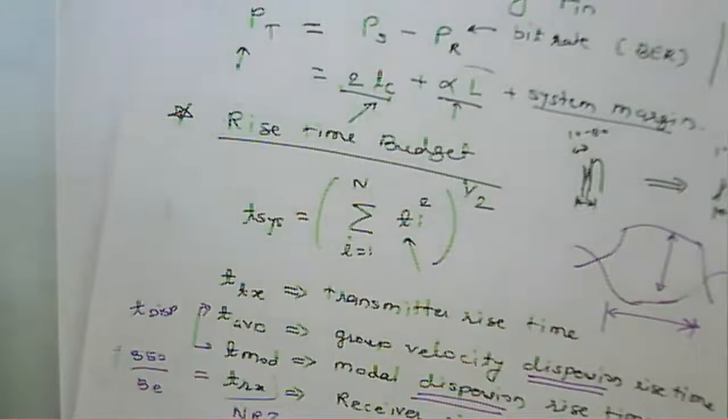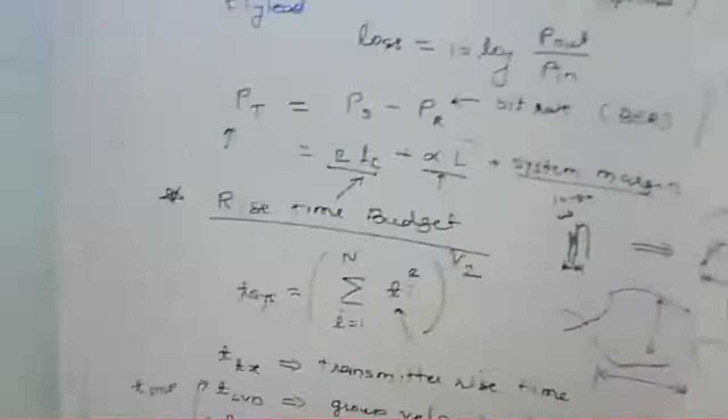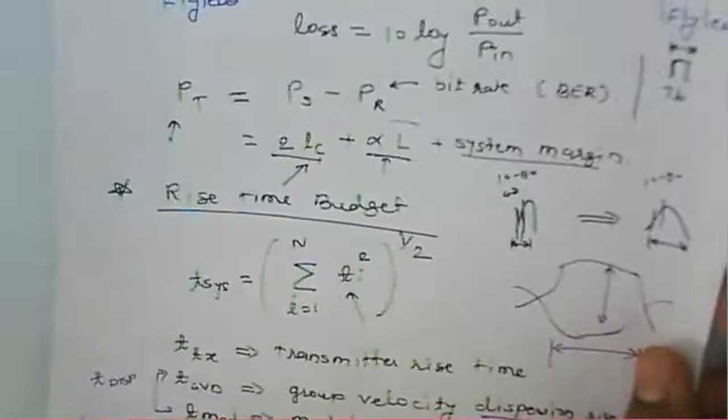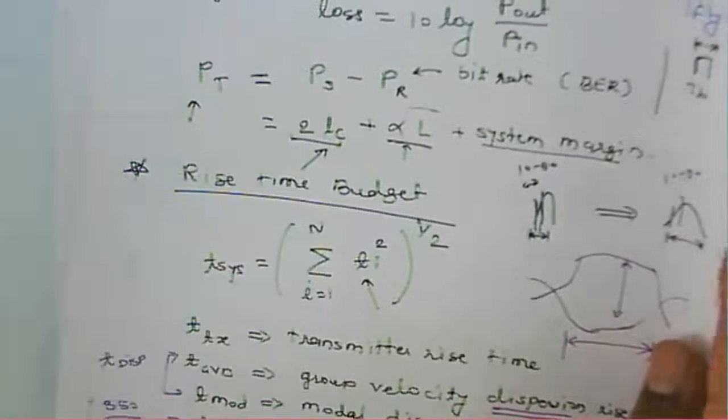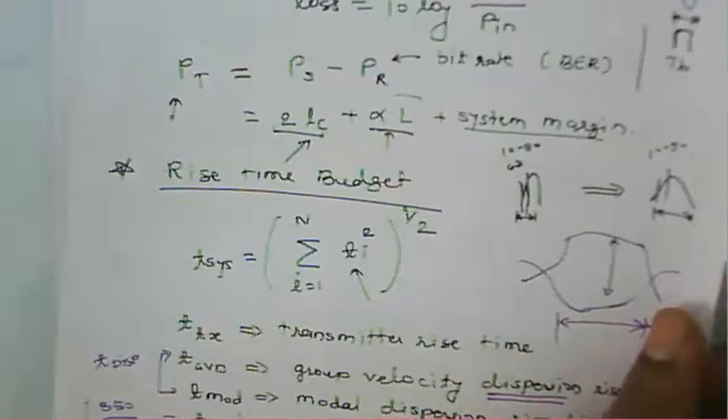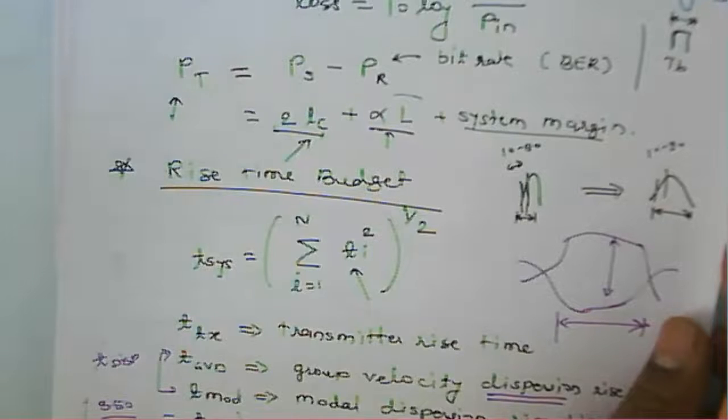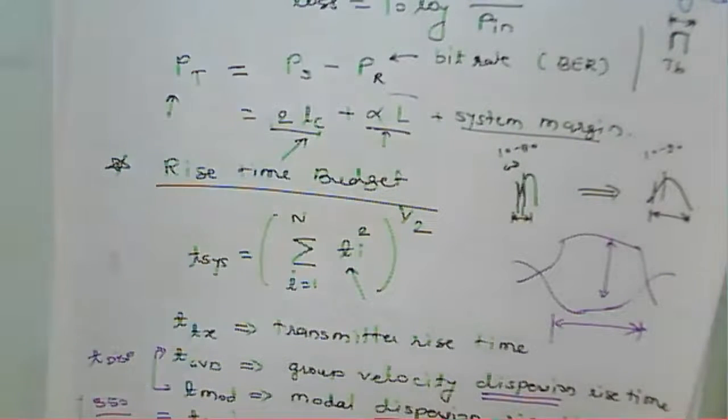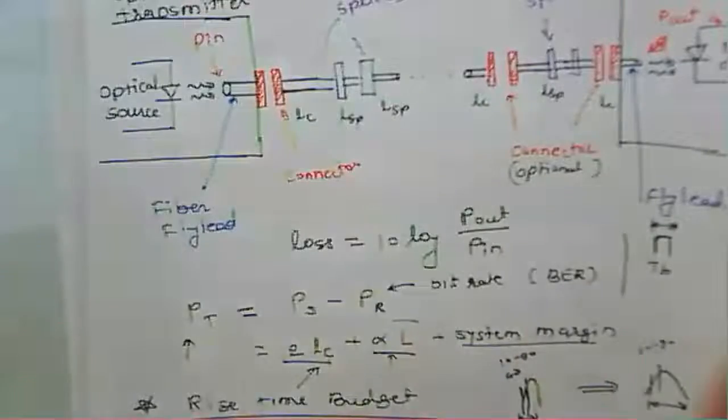We have seen the link power budget for this optical link, and we have seen the rise time budget for the optical fiber link. Both depend totally upon the length of the given fiber.